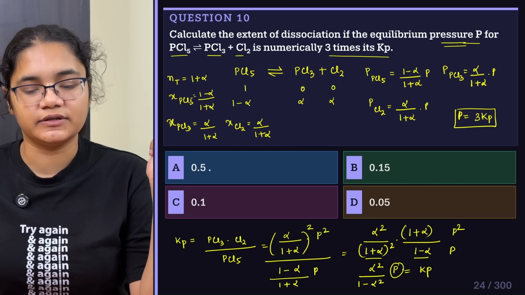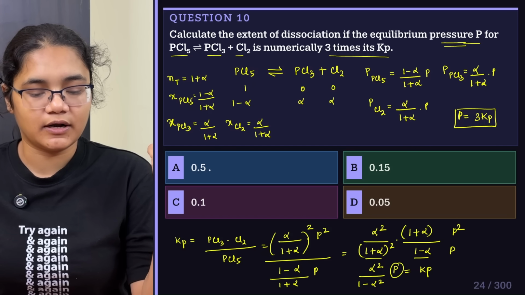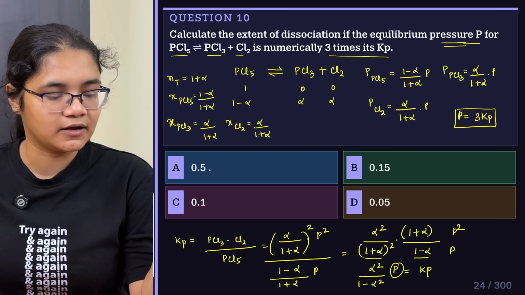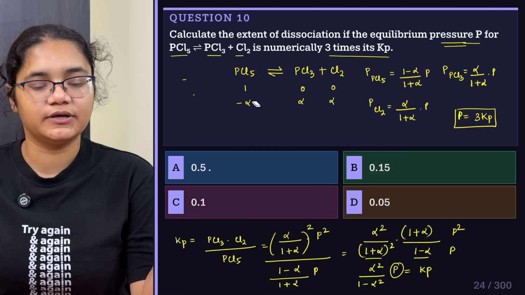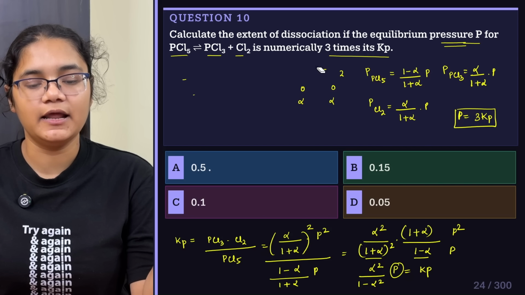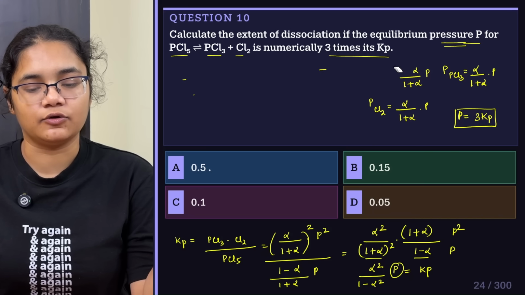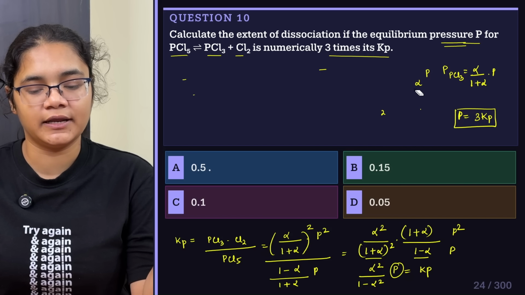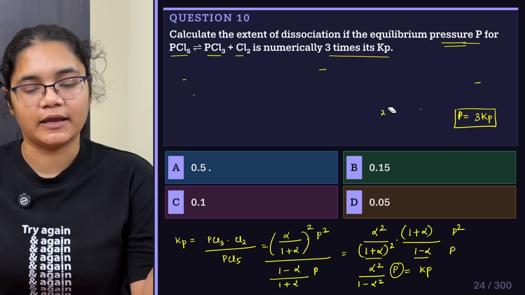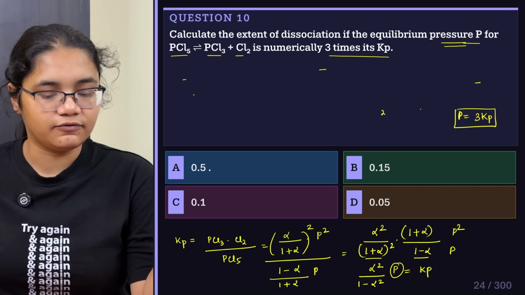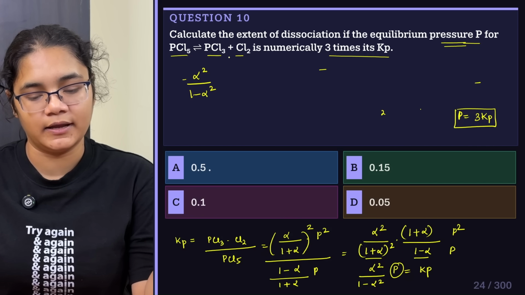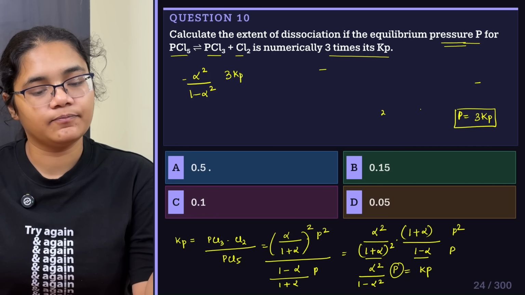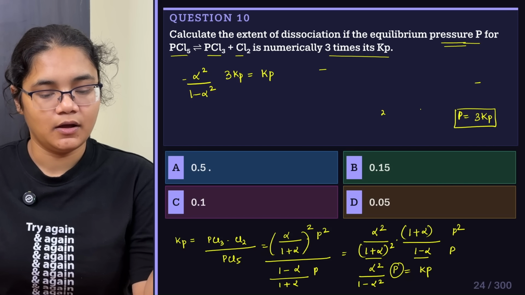Now I can substitute this P as 3 Kp, right? So I'll erase the above part so that I can use this space. What is the question saying? That the equilibrium pressure is actually equal to 3 times Kp, right? So whatever P we are having in the equation, I can substitute as 3 Kp, and from both sides Kp can get cancelled. So we have alpha square by (1 minus alpha square) into 3 Kp is equal to Kp.